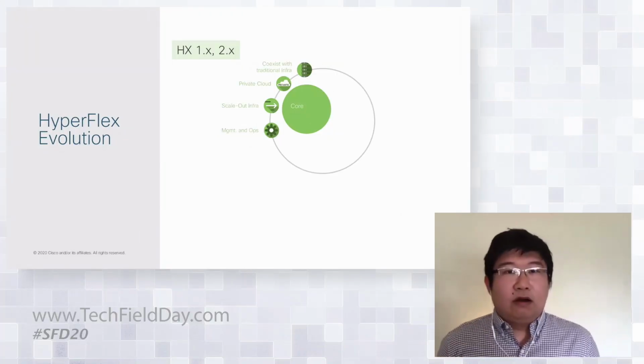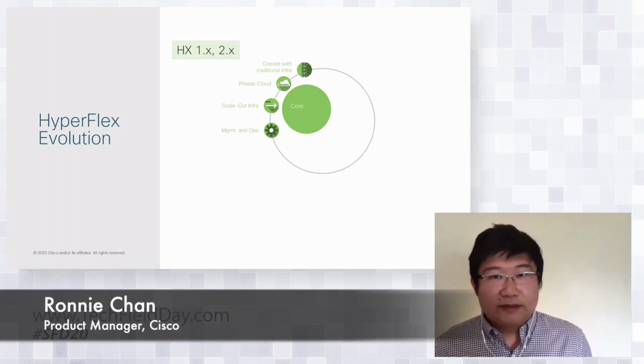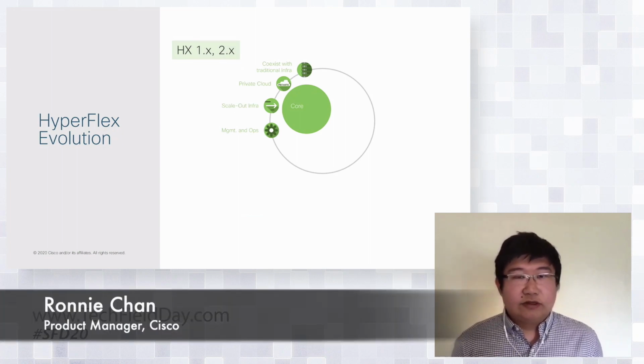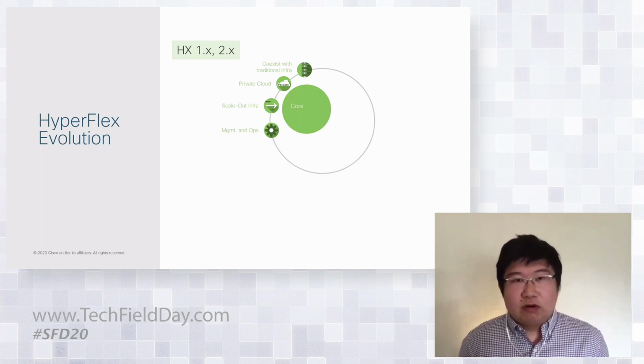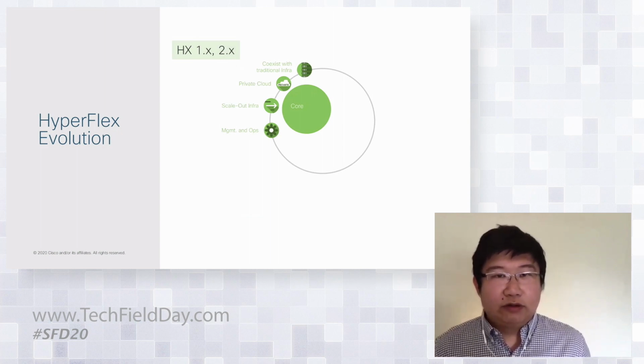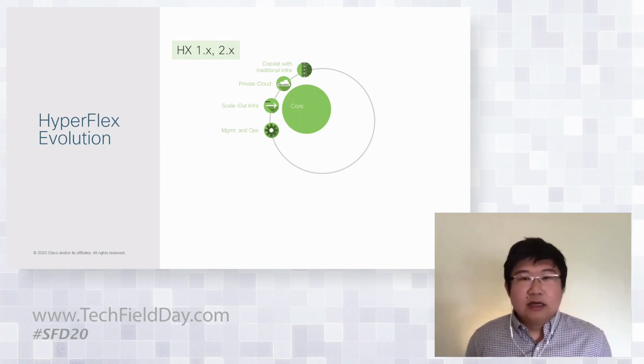Many of you are familiar with HyperFlex, would know some of this history, right? If you look at the focus of this product, it's in the first and second generation.